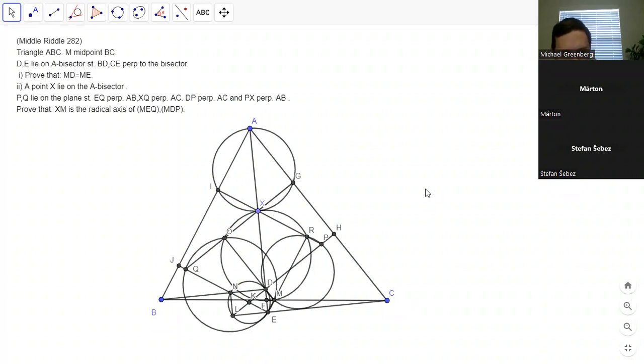QER and ODP. That's what we want to show. I wonder if the whole trapezoids are similar. Probably. Like trapezoid XQER and XODP. I think it's equivalent to showing that.